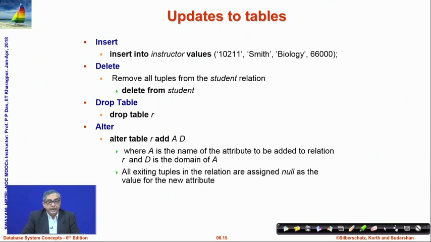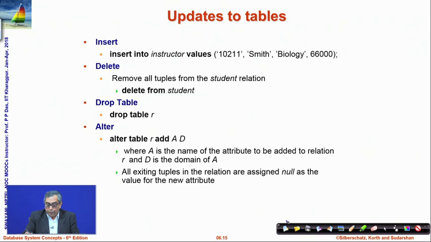You can also change the schema of a table by using alter table. You can add a new attribute to relation R by writing the name of the attribute and the domain of the attribute one after the other.